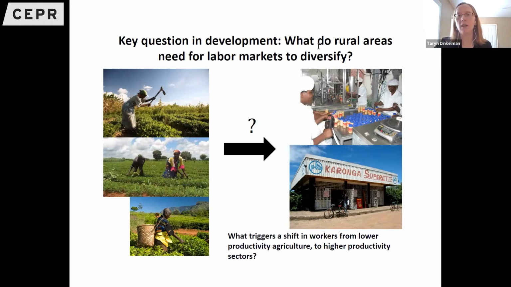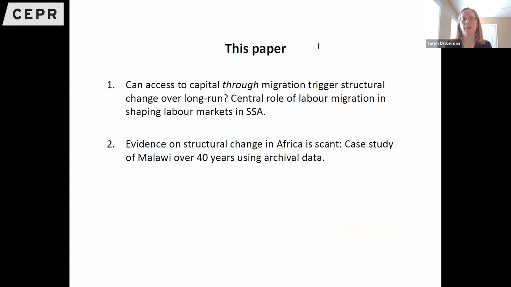And so what we are trying to do in this paper is think about whether communities getting access to capital, or the ability to accumulate capital through international migration, could possibly be a trigger for structural change in the labor market over the long run. I'm going to address this question in the context of Malawi.